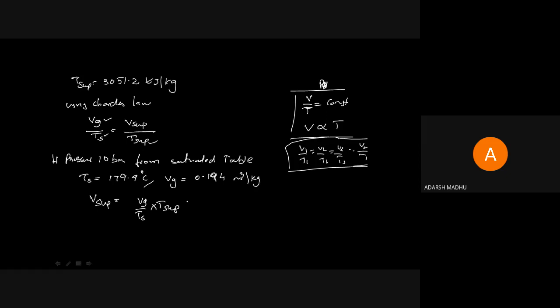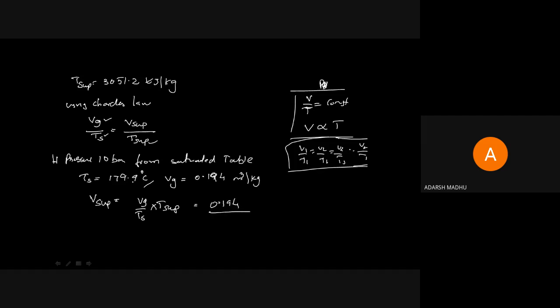Take the value of temperature in Kelvin. Ts value is 179.9 degrees Celsius. Take the value in Kelvin. That is Vg. Vg is 0.194 divided by Ts.